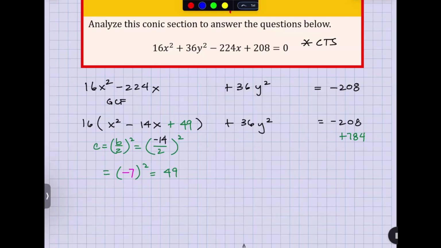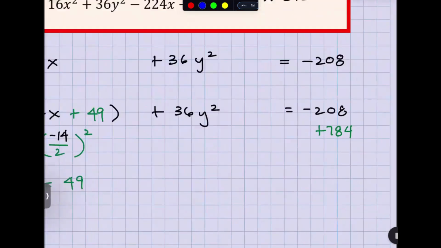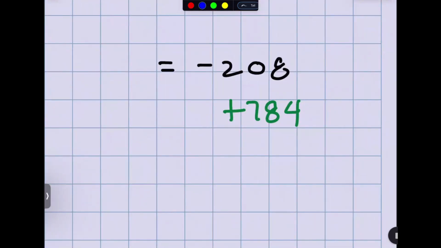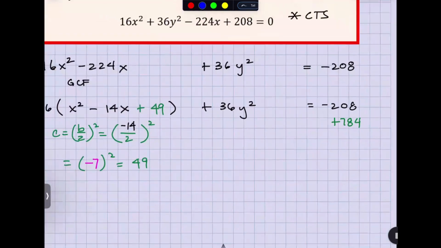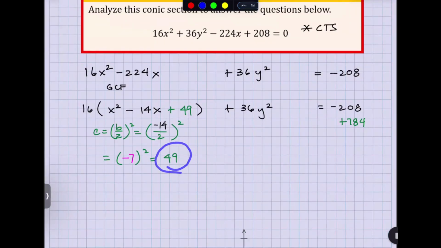So when I add 49 on this side, I didn't really add 49, I added 16 times 49. That's why I got this. So you want to put a little note that this is 16 times 49. Whatever that GCF is, it's all part of it.